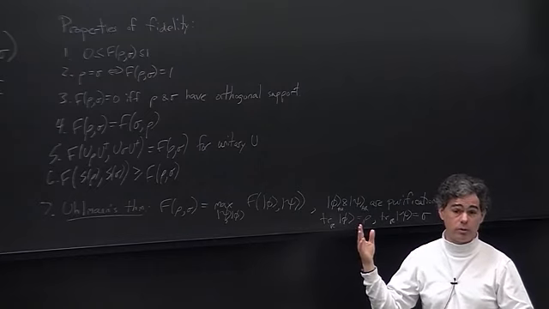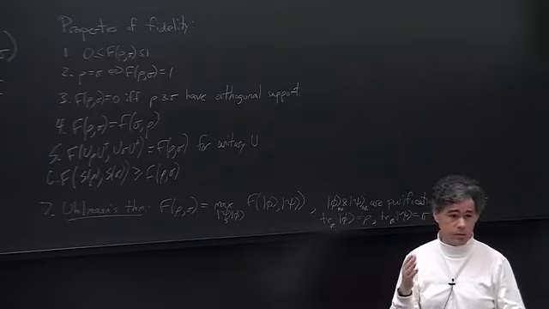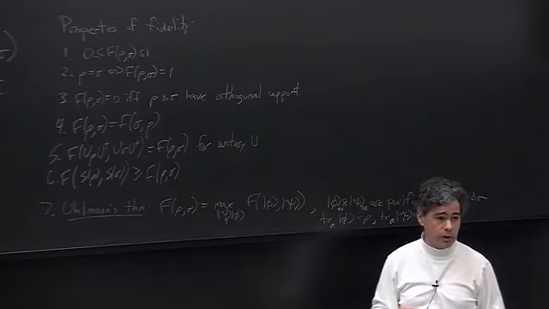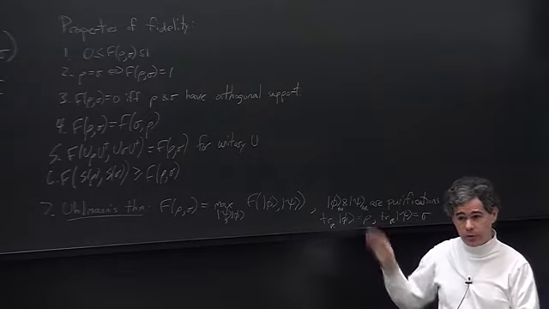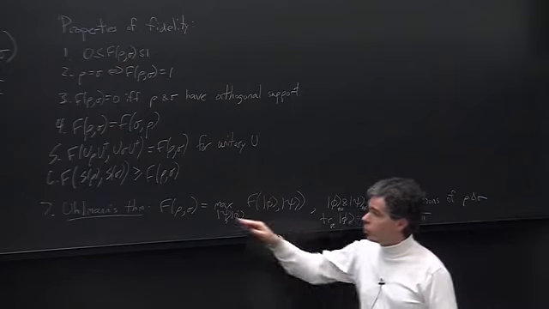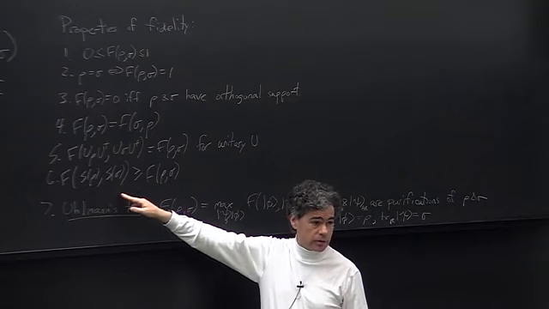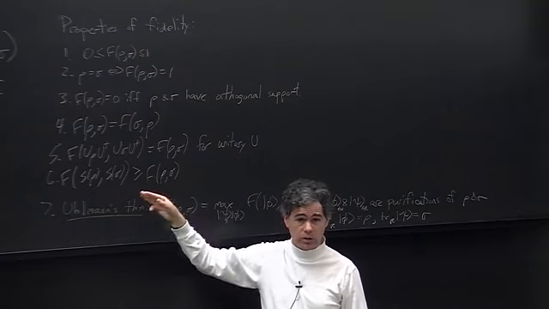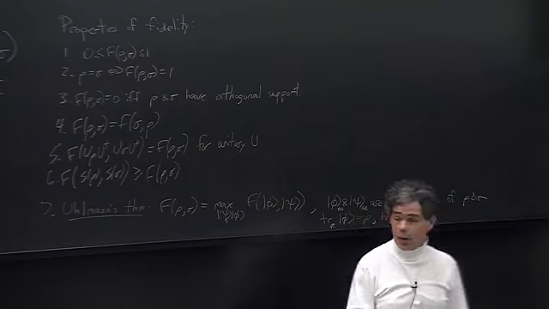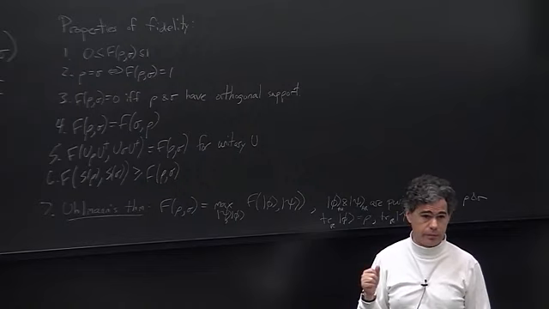And now the purifications are orthogonal, and so the fidelity would be 0. But of course, when you drop this reference system R, that's a CP map. And so we know that the fidelity can get larger in that case. It can't get smaller, but it can get larger. But when you pick these optimal purifications, then it doesn't.